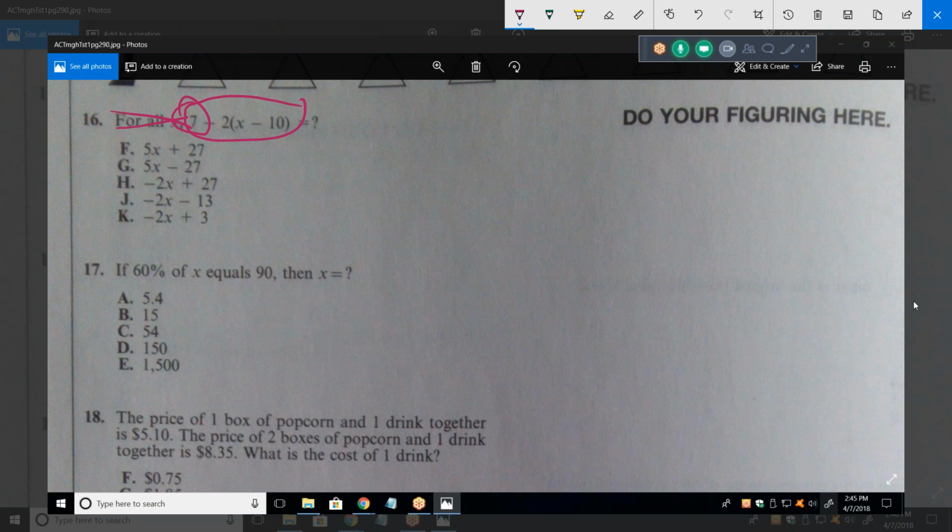Wait, but don't I need to do the parentheses first? Yeah, I won't argue with that. But don't drop the 7. Yeah, I'm not. I'm just assuming. Now do the parentheses. Okay. Yeah, so it'd be negative 2x plus 20. Now simplify.